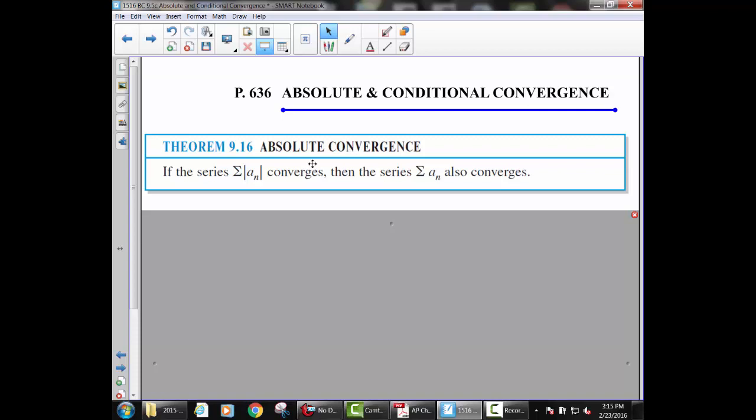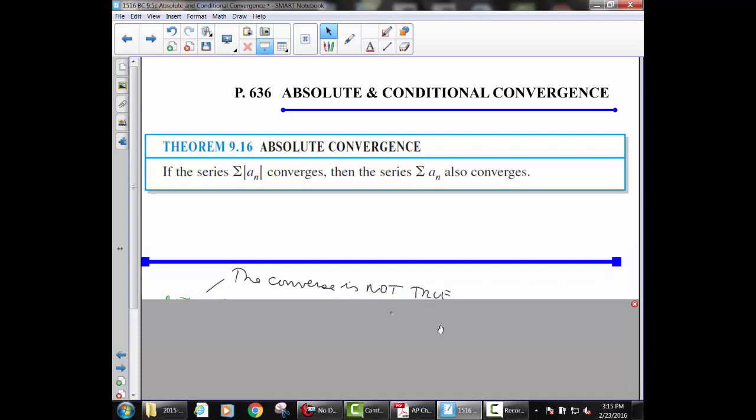So, absolute convergence. If the series summation absolute value of AN converges, then the series AN also converges. Therefore, if you have, for example, an alternating series, you could say, if I take the absolute value of it, which means I get rid of the (-1) part, then I could just check that. If that converges, then my original series converges.